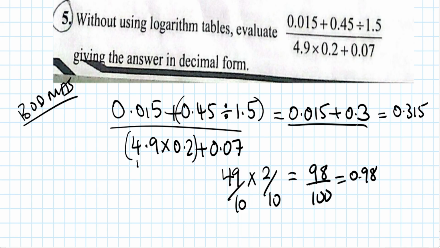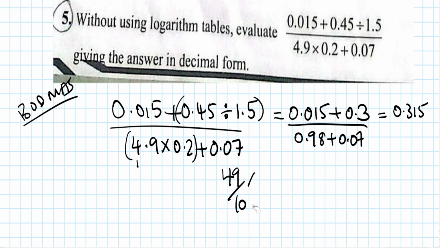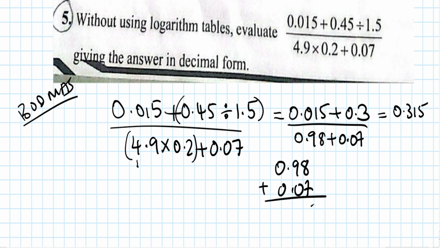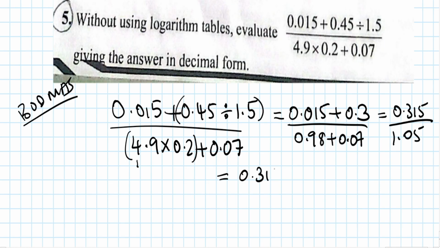So we know that 4.9 times 0.2 is 0.98 plus 0.07. What happens if you add 0.98 plus 0.07? You get 1.05. So the answer to the denominator is 1.05. So you have 0.315 over 1.05.